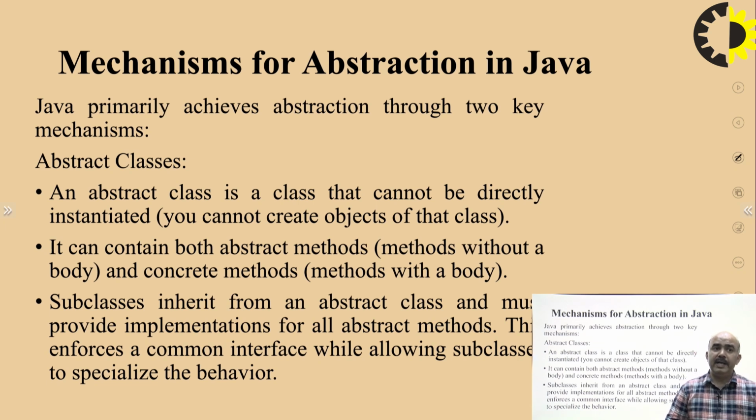An abstract class can contain abstract methods without any body, and concrete methods with a body. A subclass which inherits the abstract class must provide implementations of all abstract methods. This can enforce a common interface while using the subclasses to specialize the behavior.